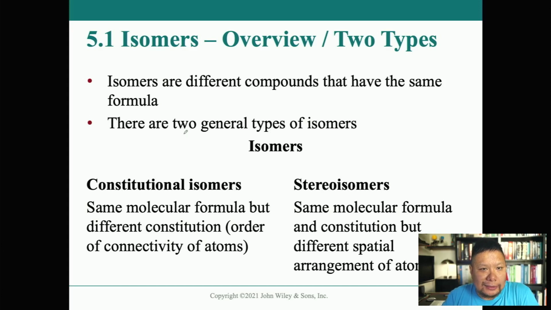Those have the same molecular formula with different constitution, which is the order of connectivity of atoms. They're connected differently. And then there are stereoisomers, which have the same molecular formula and constitution, except with a different spatial arrangement of the atoms. I'll show you what that means in just a second.